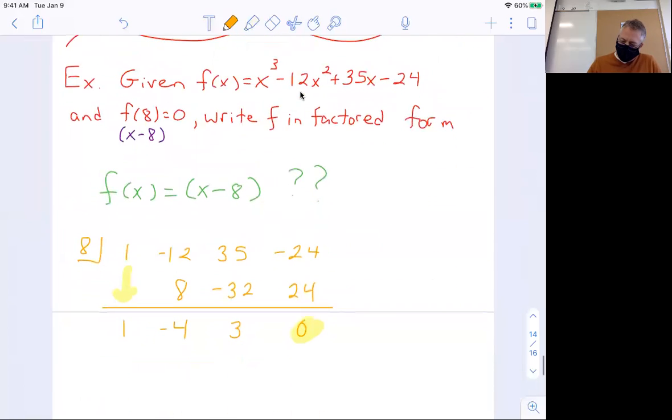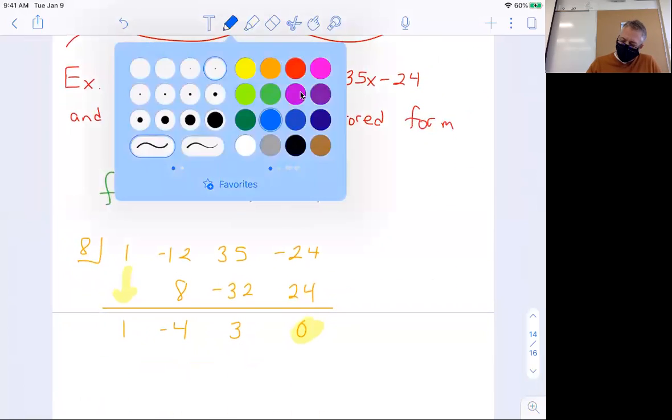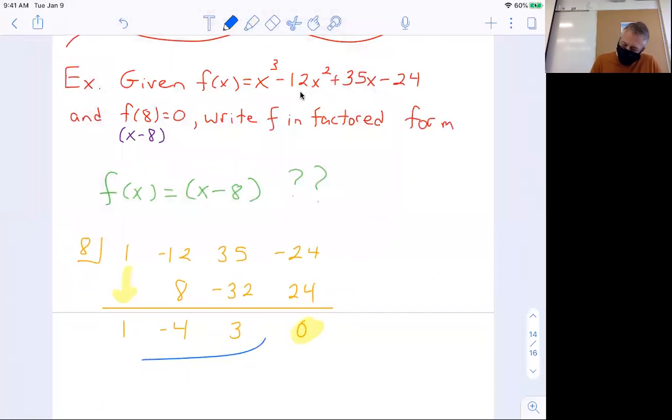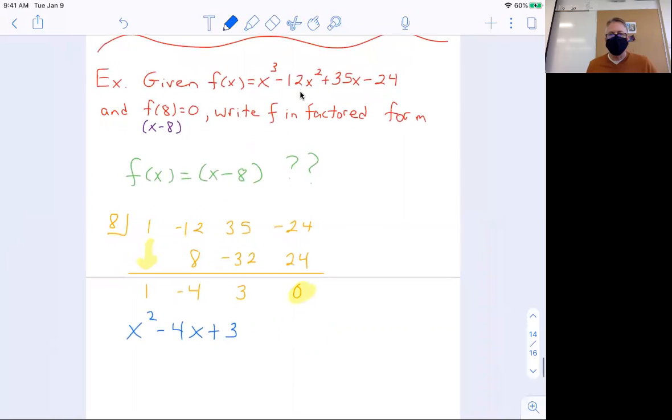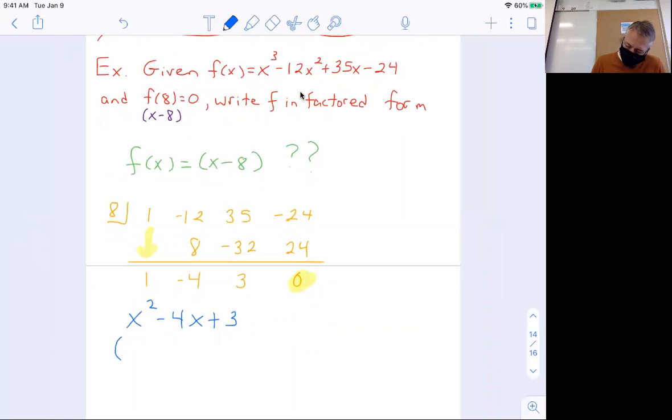All right, so now we have this, which is going to be x squared minus 4x plus 3. And we're going to factor that, and then that's going to complete our answer. So that factors into x minus 3 times x minus 1.